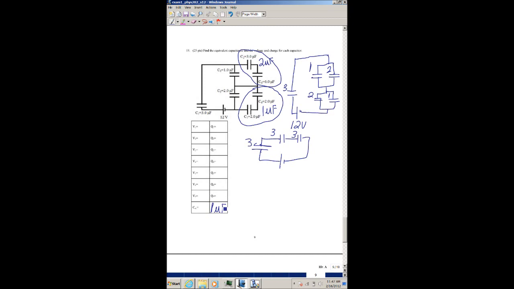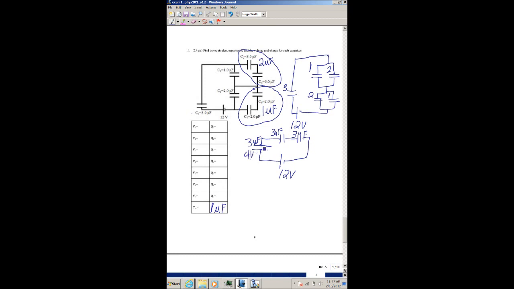Now, I want to go through and figure out the voltages and what have you. Now, I know this is 12 volts, and it's split evenly across 3 capacitors. So this one's 3 microfarads. They have equal voltages because they're all in series, and they have identical capacitors.